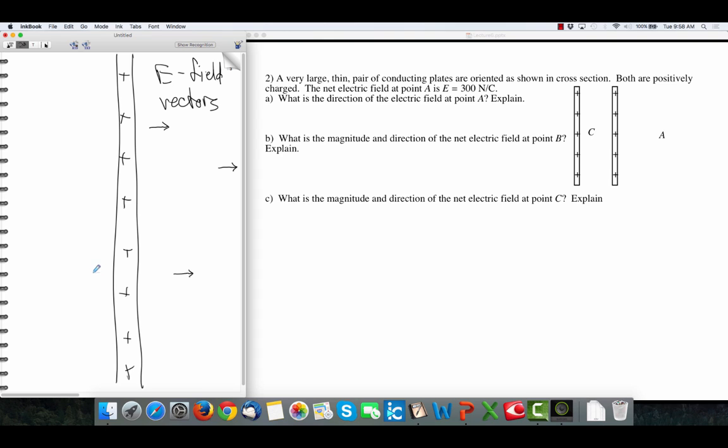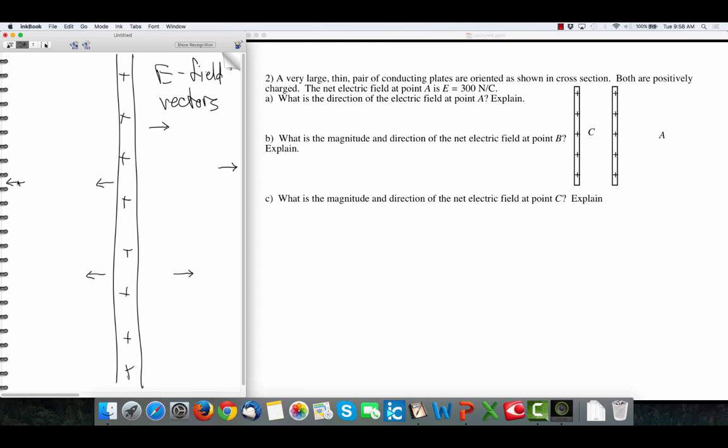To the left, really close to this plate, it points to the left because it's a positive charge plate, but it's the same length as all the others. If you're quite a bit farther from the plate, the electric field vector is basically a uniform field.